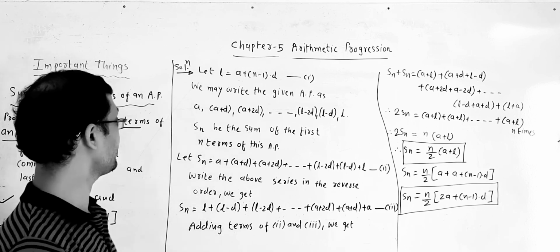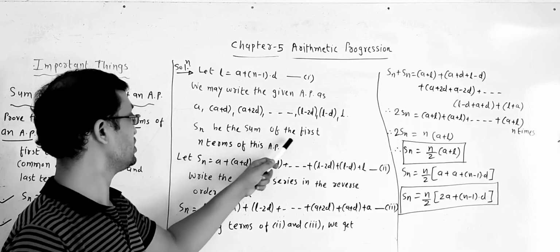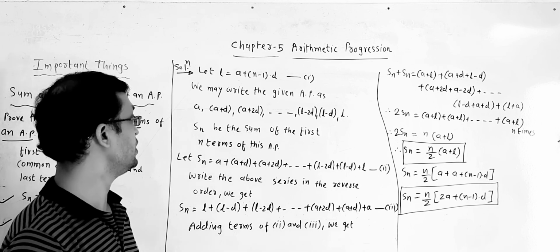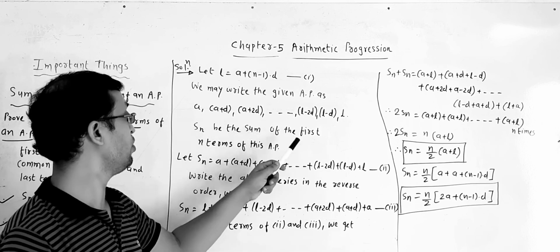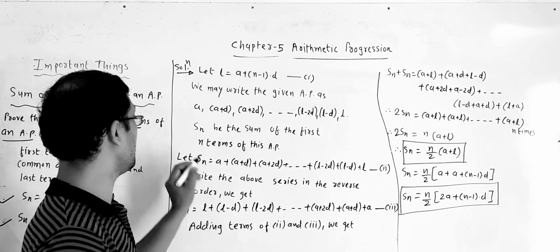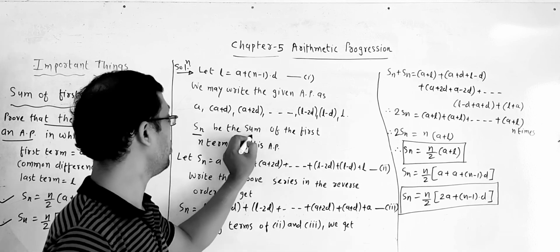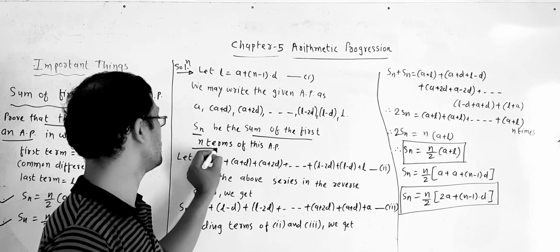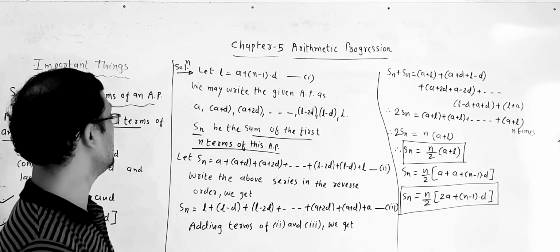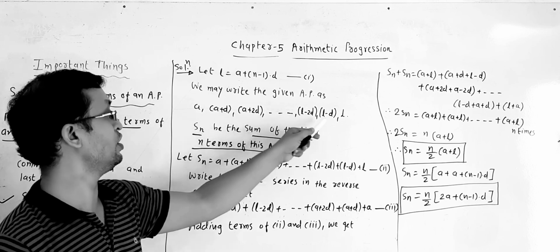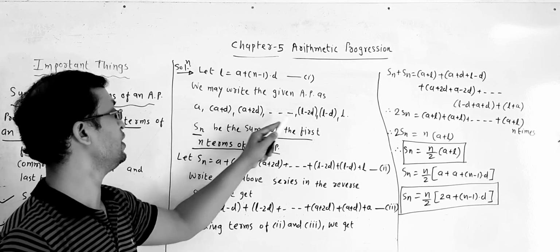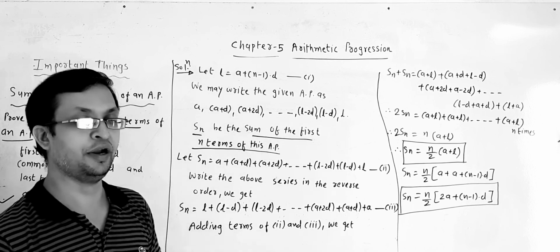Here Sn is the sum of the first n terms of this AP. Sn का meaning है sum of first n terms of this AP. That means Sn is equal to the sum of all terms: a plus (a plus d). इसके बीच में हम प्लस की साइन ऐड कर देंगे.